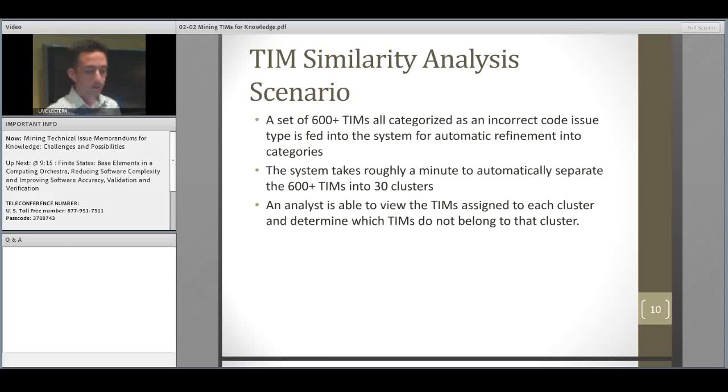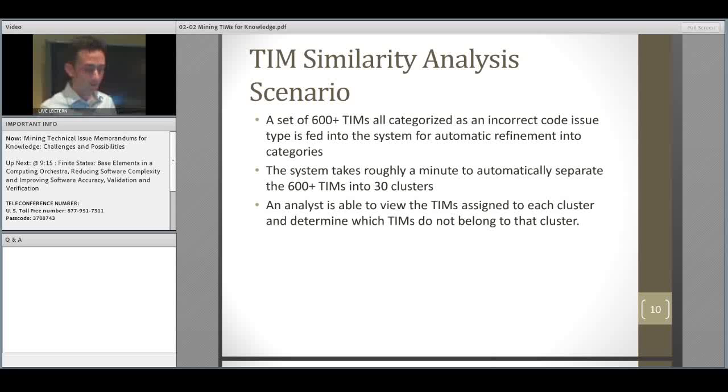An analyst is able to view these TIMs assigned to each cluster and determine which TIMs do not belong to that cluster. One thing that I would envision that would also be available, I don't have it here on this slide, would be the analyst is able to see why the TIMs in a given cluster were put in that cluster, and that would be presented in the form of the words that each TIM shared.